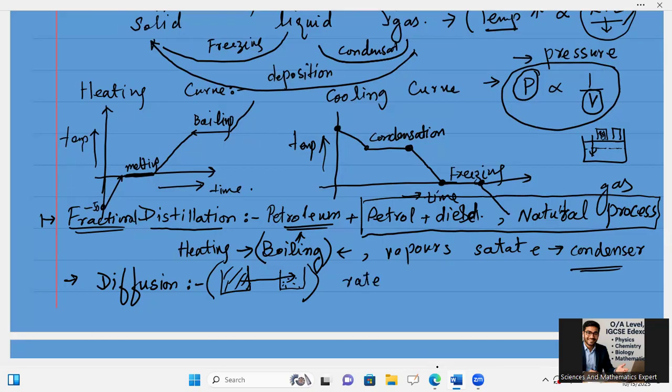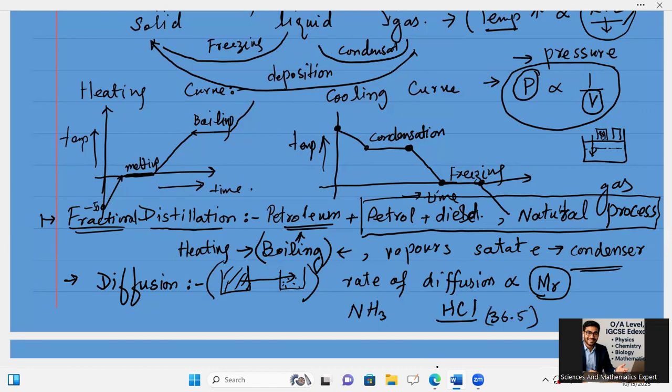the rate of diffusion is inversely proportional to the mass or Mr of the compound. For example, you are taking ammonia and HCl. HCl has 35.5 for chlorine and hydrogen is 1, so it is 36.5.